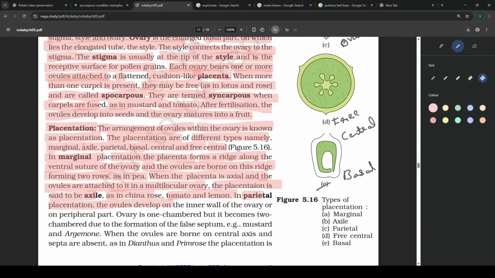Parietal placentation: the ovules develop at the inner wall of the ovary on the peripheral part. The ovary is one chambered, but it becomes two chambered due to the formation of a false septum. Examples: mustard and argemone.